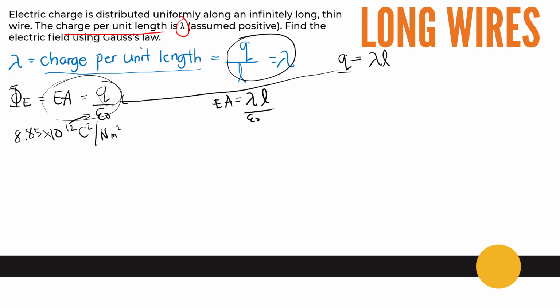Ngayon, ang kailangan daw natin ay electric field. So electric field is equal to lambda L all over A times epsilon naught, by dividing both sides by A.